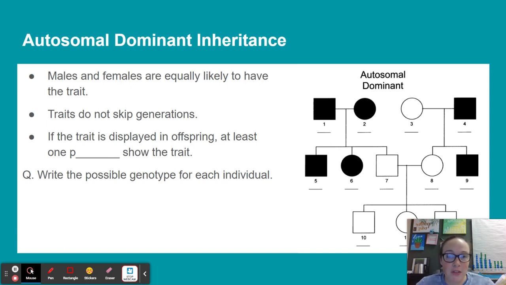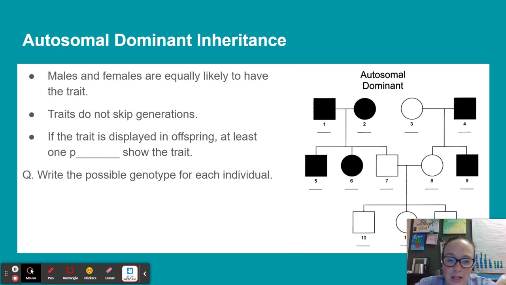They don't have this dominant trait, which means they have the recessive trait. If I look at their parents 1 and 2, their parents have the dominant trait, but they both have to pass a recessive allele onto their child. That means I know that for person 7, their parents are both carriers.